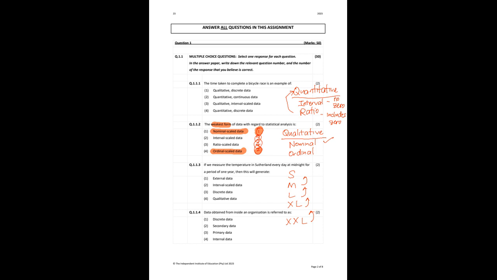So these are the four forms of data. You'll see that these are actually called measurement scales. If you've read through your Learning Unit 1 content in your textbook, it is under the heading of four measurement scales. And as I said, those were the definitions of each one of them.